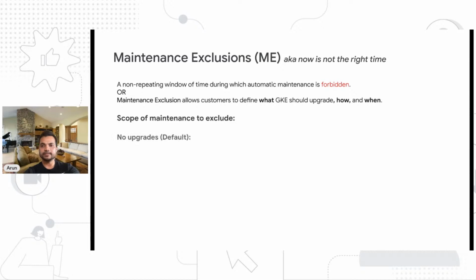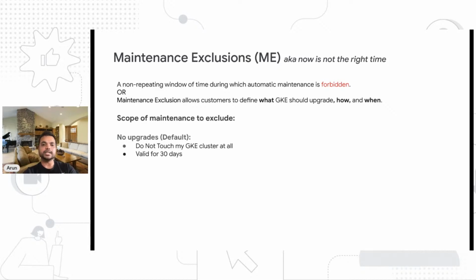First is no upgrade, which is the default one. It means do not perform any kind of upgrade, like do not touch my control plane, do not touch my node pools. But that is only valid for 30 days, right? We cannot just keep a cluster hanging for an indefinite time period.